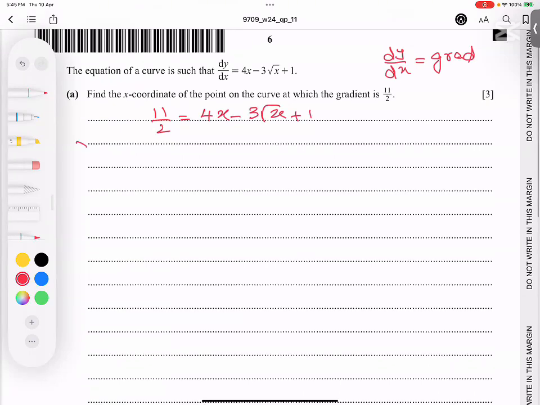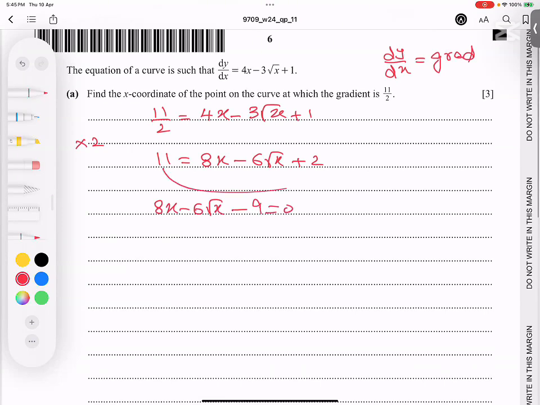First of all, multiply the whole equation by 2. 2 4s are 8, 2 3s are 6, and 2 1s are 2. I'm writing 8x minus 6 root of x minus 9 equals 0, as I brought 11 here. Now, students, what's the basic criteria? This is a half power, and x is a double power of root x, so I take root of x equals k.